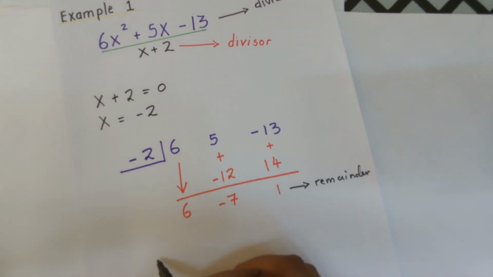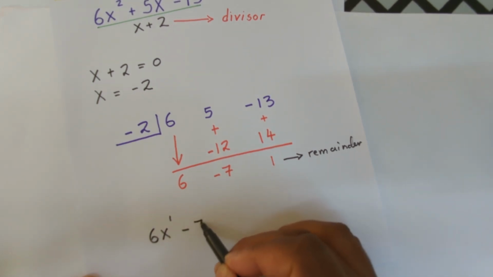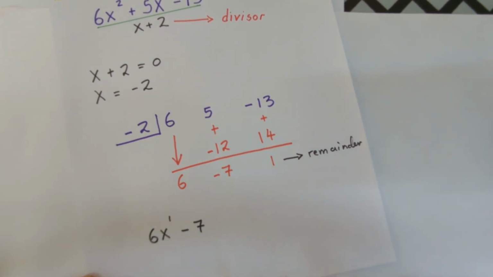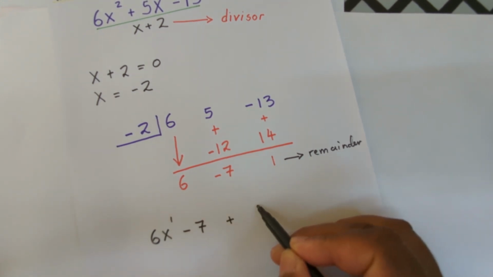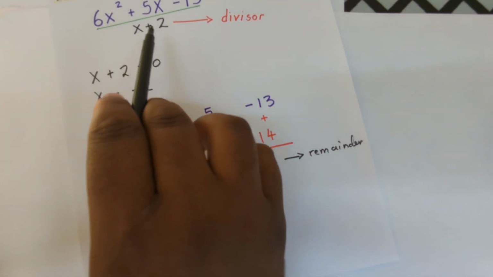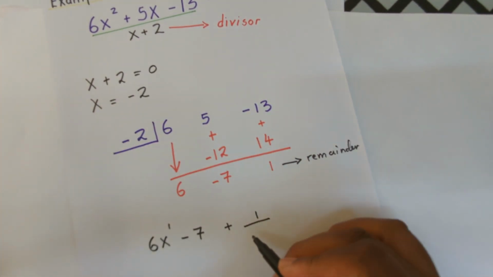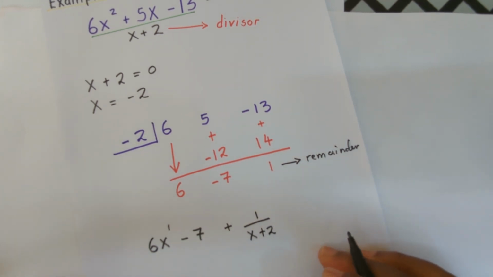So it's going to be 6x to the power of 1 minus 7 with a remainder of 1. So the remainder of 1 will be plus 1 divided by our divisor, which was x plus 2.